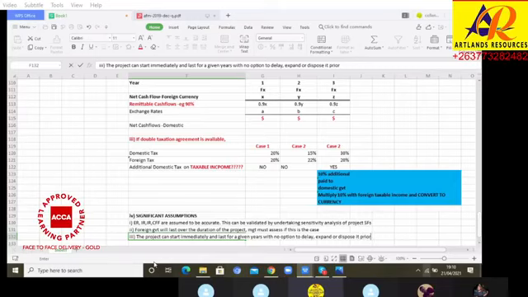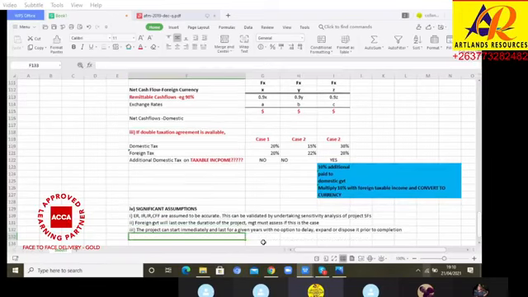Right. So this is an issue of real options. This is now an issue of real options on that particular project. You can assume that the project can start immediately and last for a given number of years with no options.